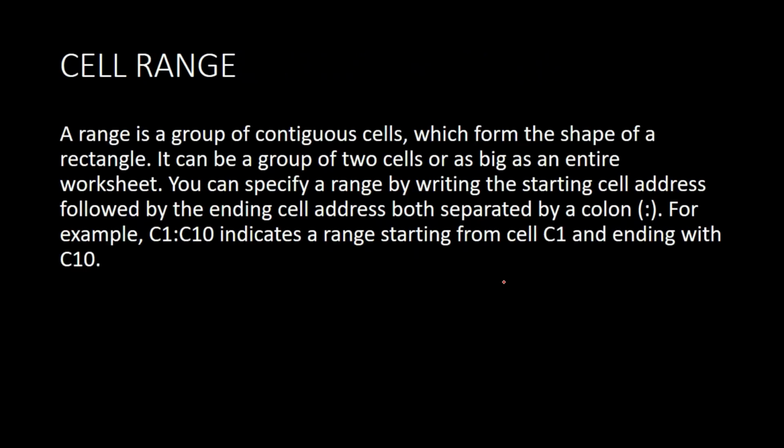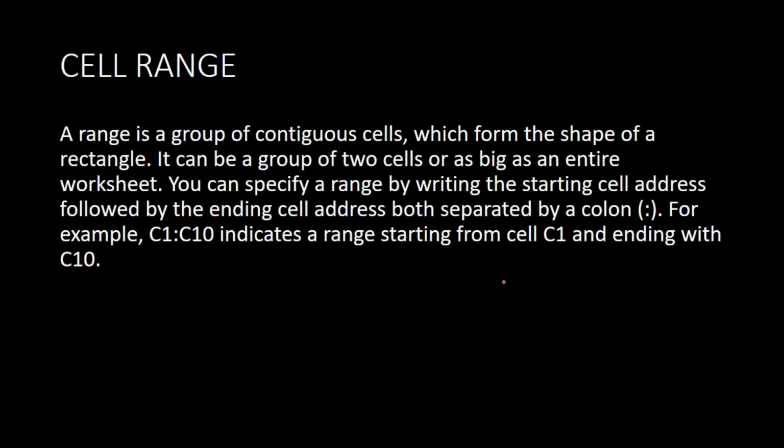Now what is cell range? A range is a group of contiguous cells which form the shape of a rectangle. It can be a group of two cells or as big as an entire worksheet.